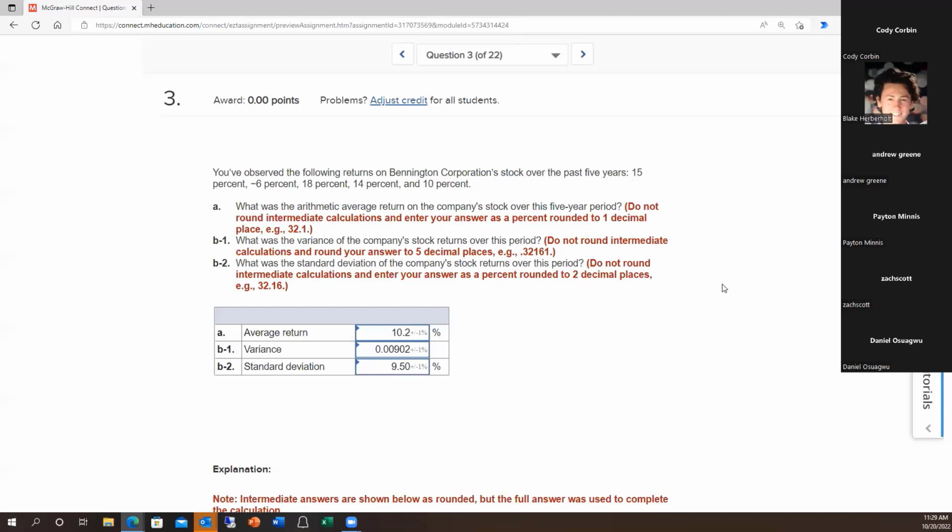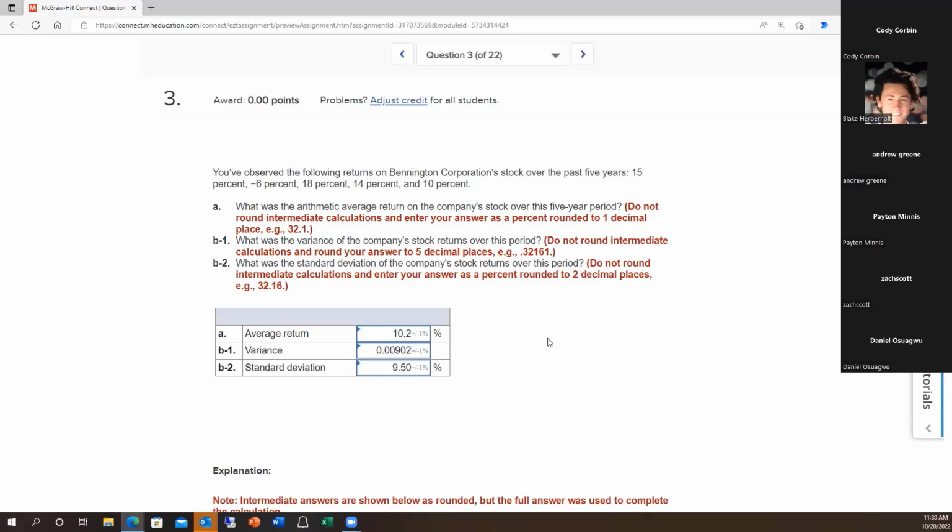Okay, you observed the following returns of Bennington Corporation stock over the past 5 years: 15%, negative 6%, 18%, 14%, and 10%. They're asking for the arithmetic average, which is just the mean, the variance, and the standard deviation. So here's my thought: if they're going to ask you for variance, do things with decimals instead of with percentages.